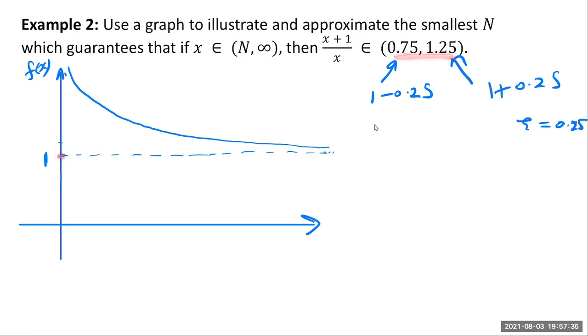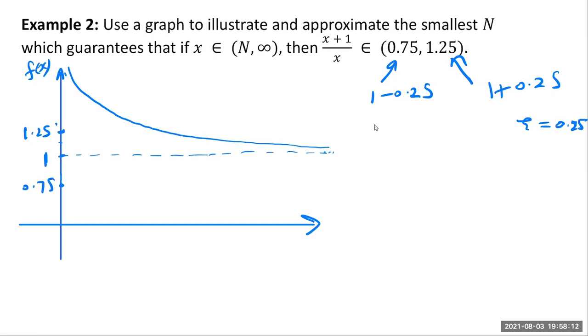And then this is 1 plus 0.25, and this is 1 minus 0.25. Or you could just write 0.75 itself here. Here 1.25, this is 0.75.